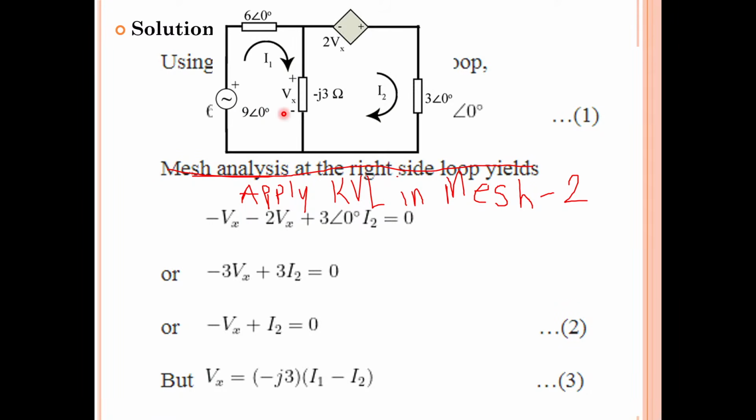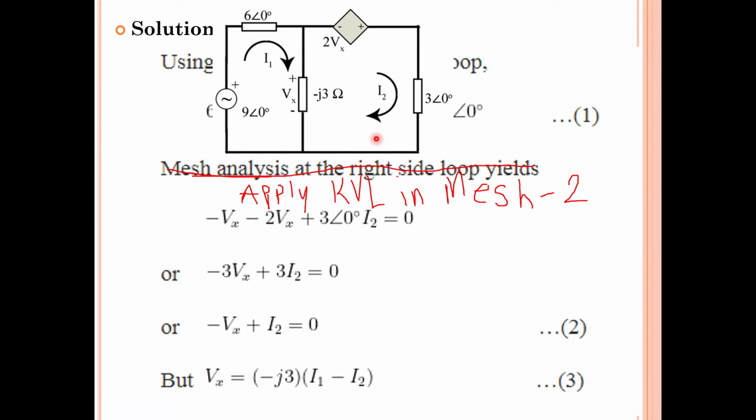So you can write the expression for Vx as minus J3 into I1 minus I2 or I2 minus I1. I have written I1 minus I2. What does it mean? It means I have considered the voltage Vx for mesh 1, not for mesh 2. You can consider either mesh 1 or mesh 2.